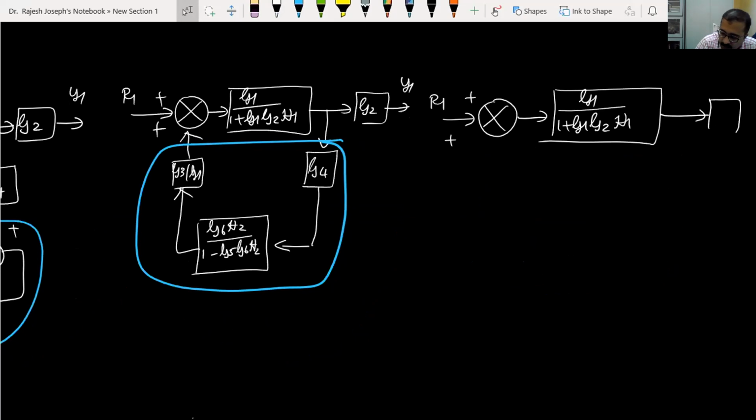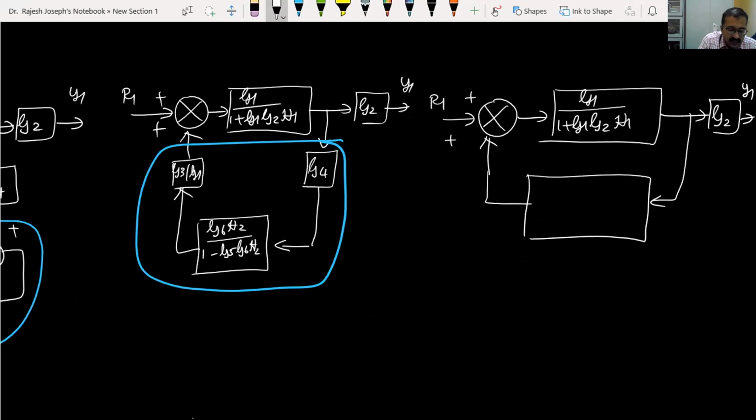Then here we have G2. This is my Y1. Okay. So what will be this block? This block will be something like this. So these are all in cascade. If you cascade and do a simplification, you will get G3, G4, G6, H2 whole divided by G1 into 1 minus G5, G6, H2.